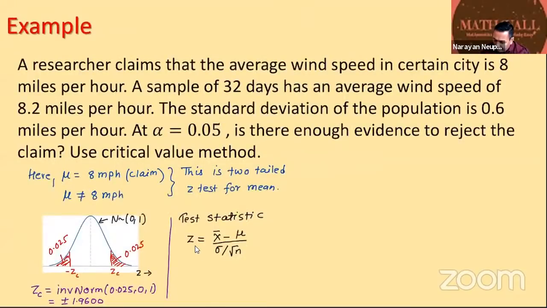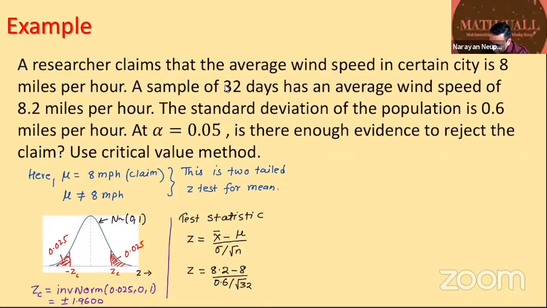If we plug in the values, Z will be equal to X bar, that is the mean of the sample, 8.2, minus the mean of the population, 8, over the population standard deviation, 0.6, over the square root of the sample size, 32.